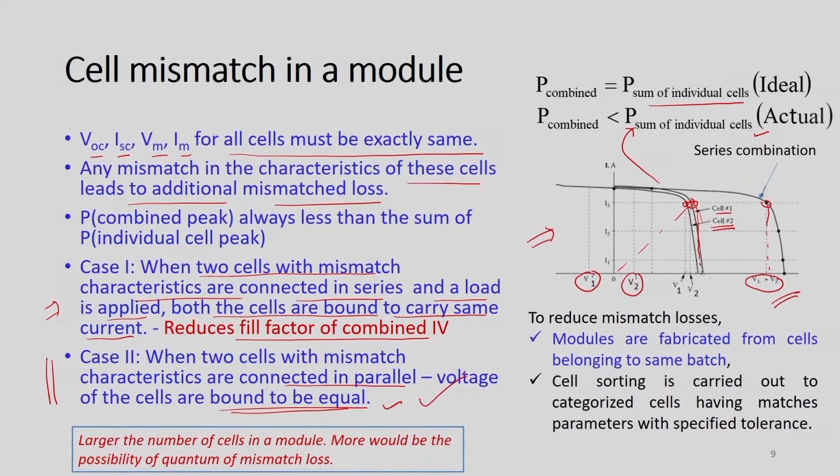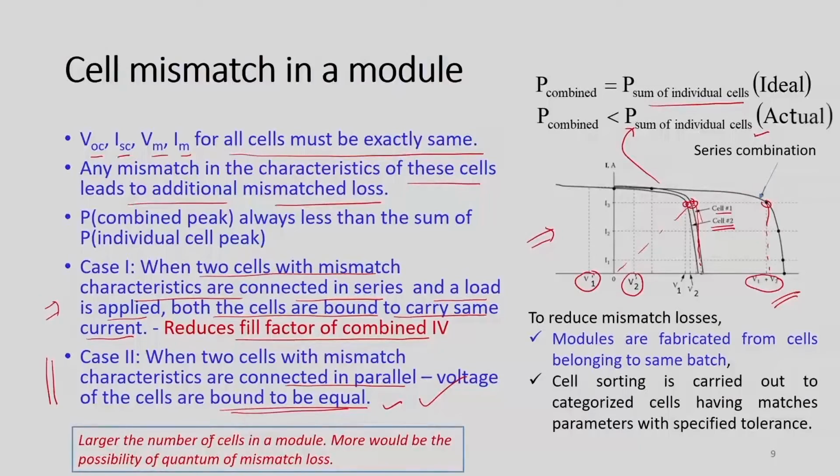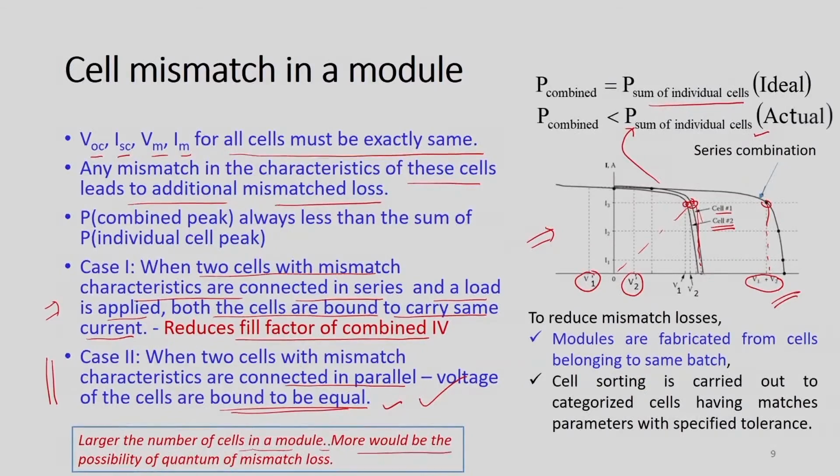As I said, there are many modules. What we have considered is a module composed of 36 cells, but there might be cases where the number of cells is very high. The larger the number of cells in a module, the greater the possibility of mismatch losses. We should keep that in mind.